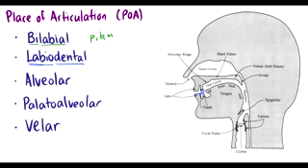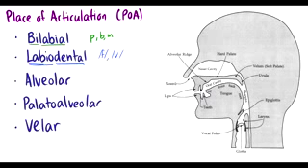For instance, f as in first, or v as in very. I don't think we have any other labiodental sounds. So these would be sounds like f and v. That is when you bring your lip to your teeth. Any sound with a lip and a tooth is labiodental.